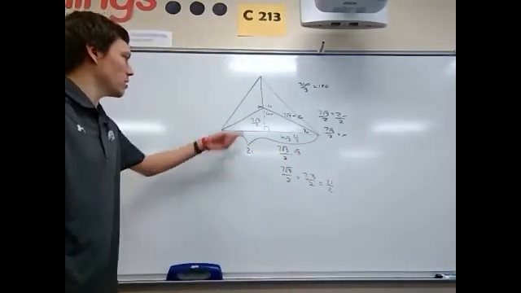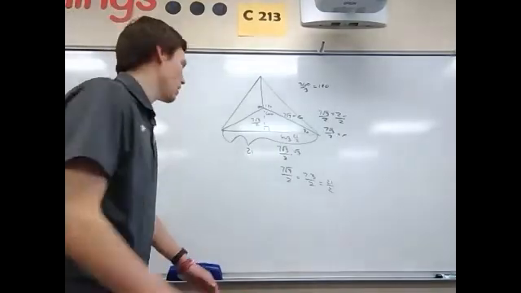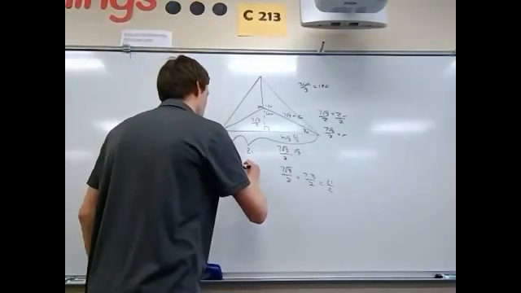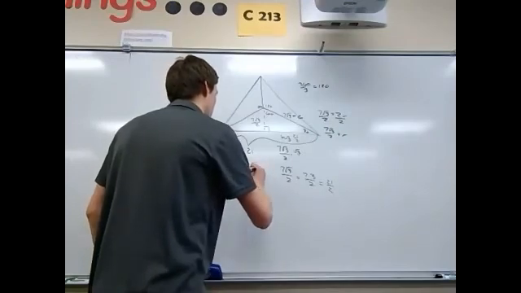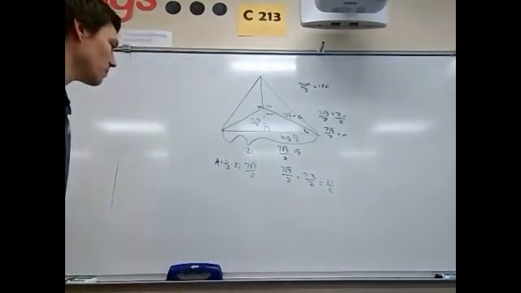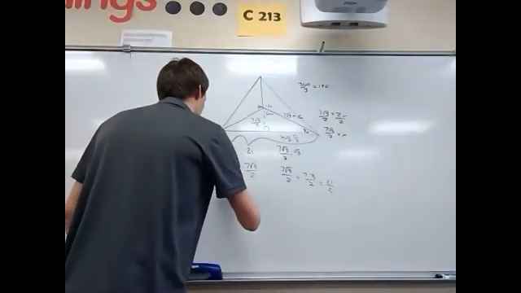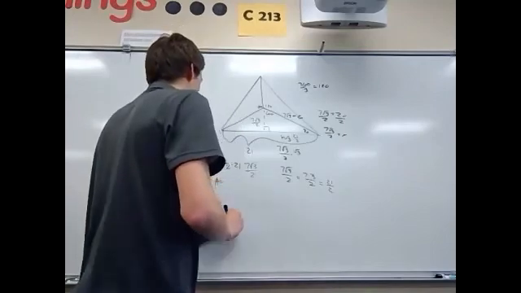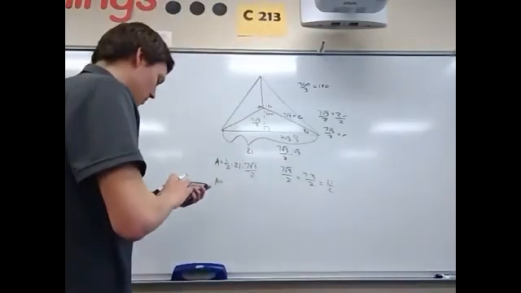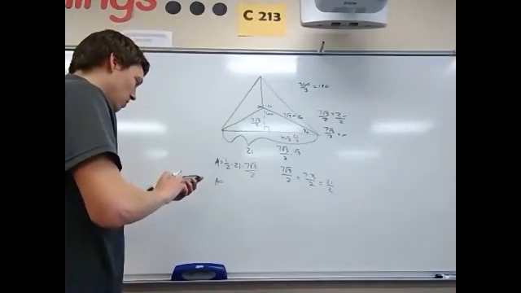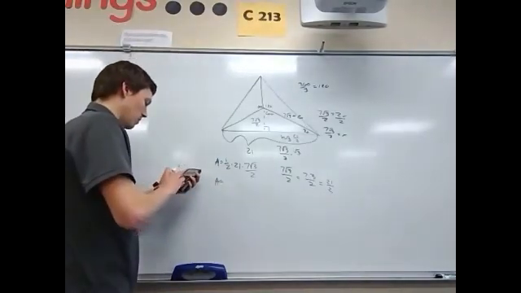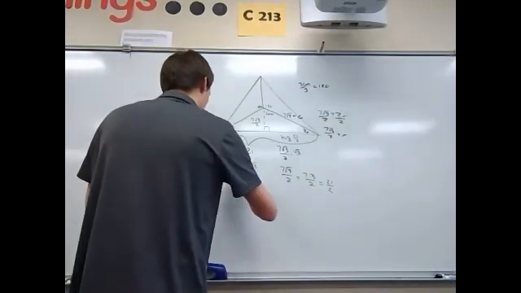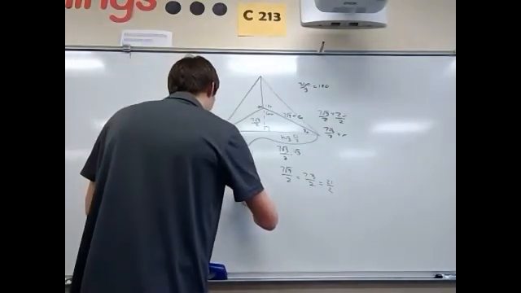So my base is 21, my height is this. And if I'm going to find the area, I go area equals 1/2 times the base, which is 21, times the height, which is 7 radical 3 all over 2. So I go area equals 21 times 7 divided by 4, which is 147 all over 4.